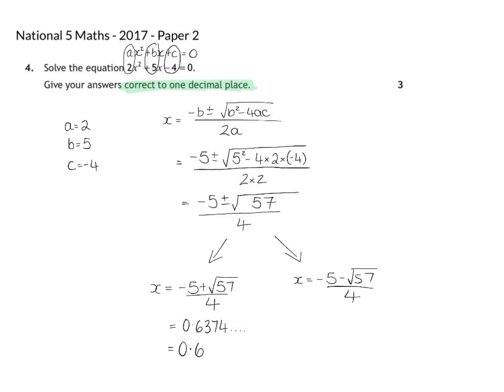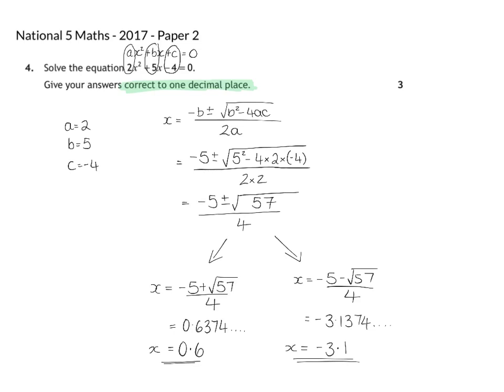Our other one, we go back and we change the sign in there. So we get for that one negative 3.1374 and some more. So we round again, negative 3.1. So we get our two answers, x is 0.6 and x is negative 3.1. Remembering, of course, like I said, always put your unrounded answer before your rounded one.